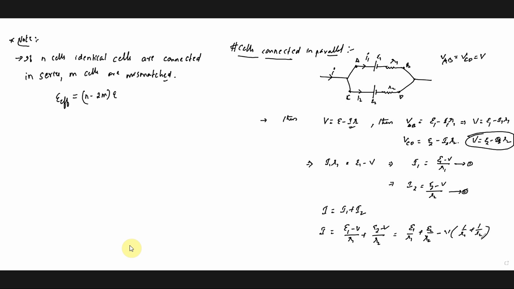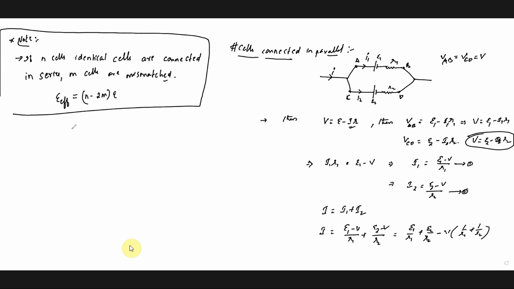Yes, sir. Now please remember: E1 by R1 plus E2 by R2 can be taken as E effective by R effective.